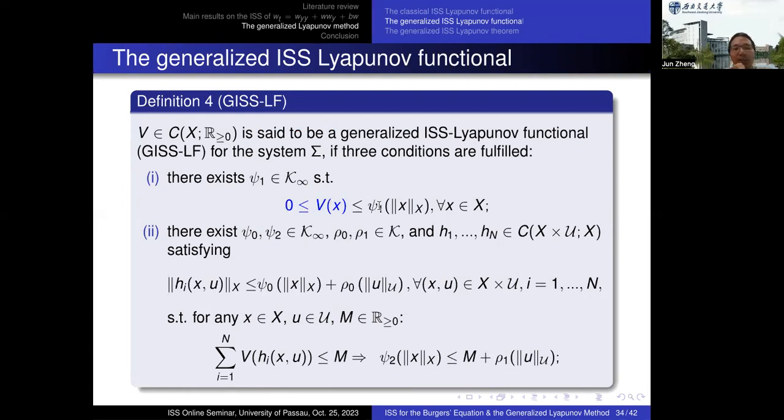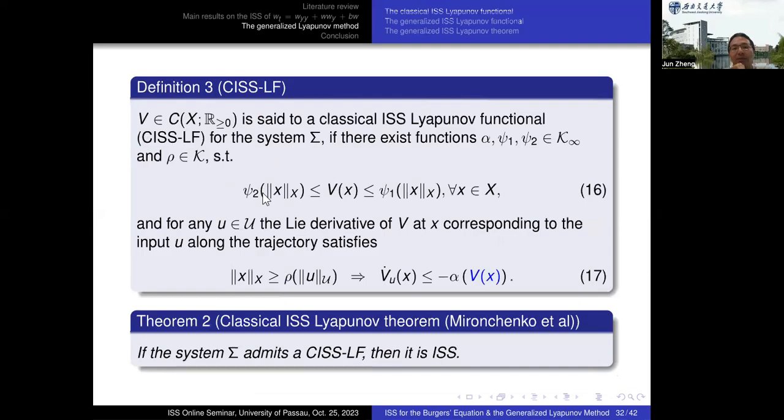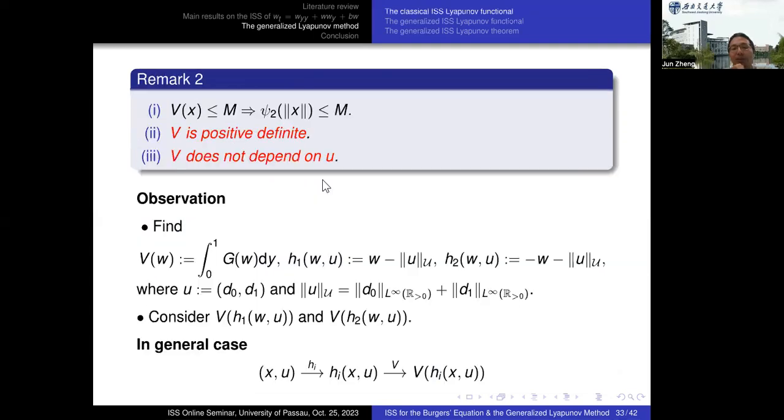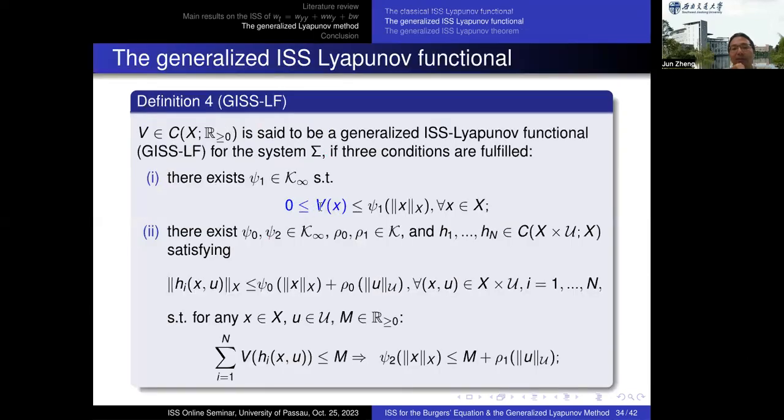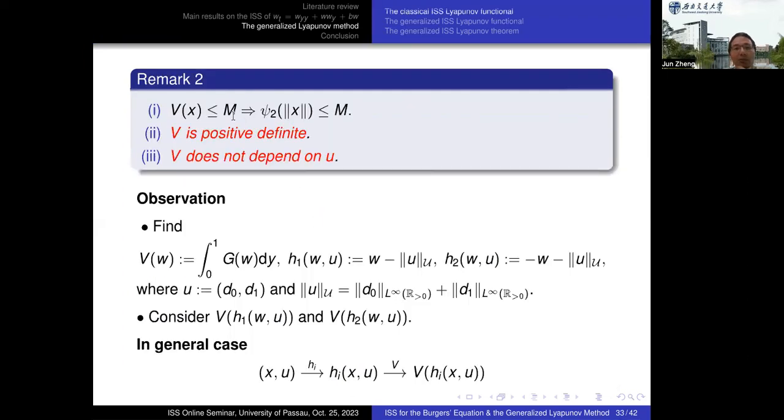For the first one, we replace the left-hand side of V in the classical definition with 0. That is to say, V can be positive semi-definite. The second one says that we can find some functions satisfying this structural condition such that this implication condition is fulfilled. This implication is in accordance with this one.